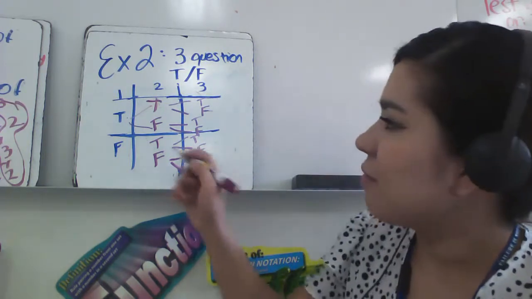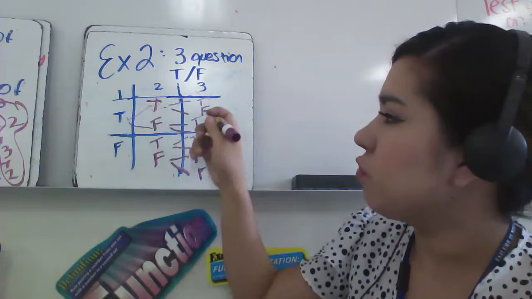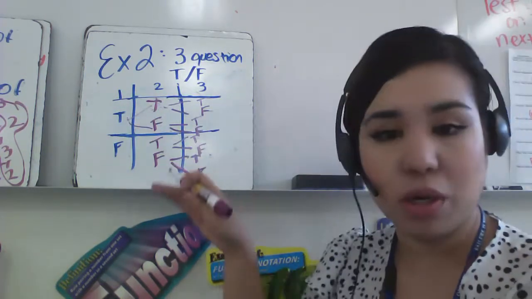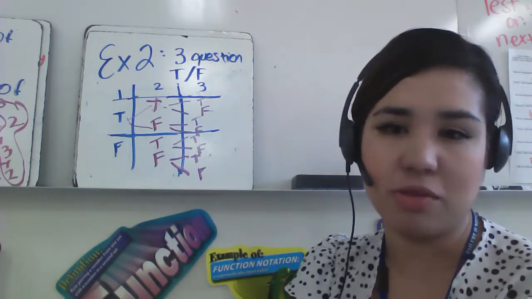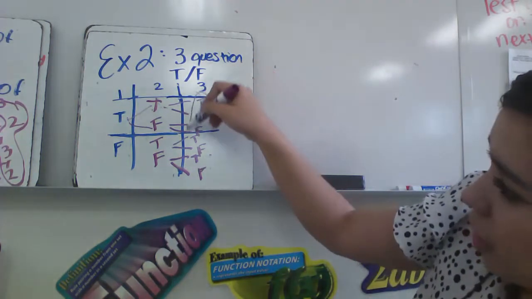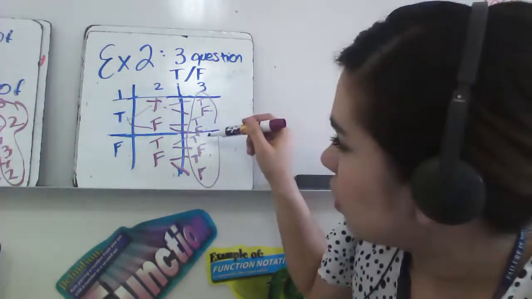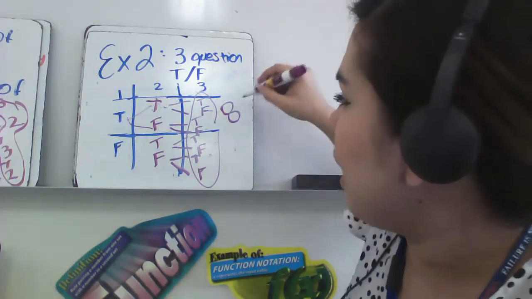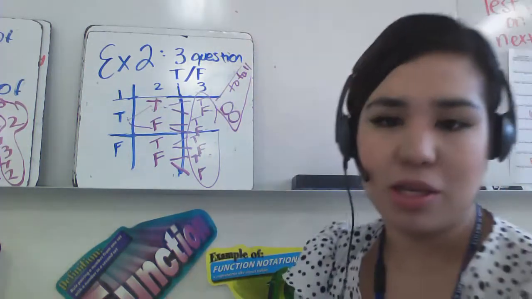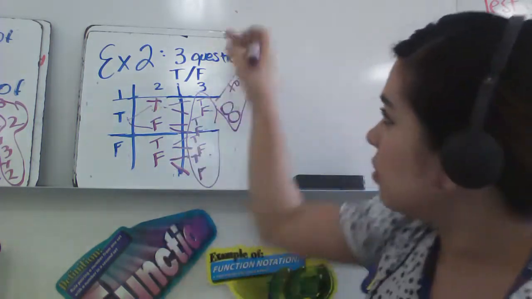So I have true, true, true; true, true, false; true, false, true; true, false, false. These, and so on, are all the different combinations of these answer choices for these 3 questions. So in total, if I count my right-hand side, I have 2, 4, 6, 8. 8 different total answer combinations that I could have come up with.